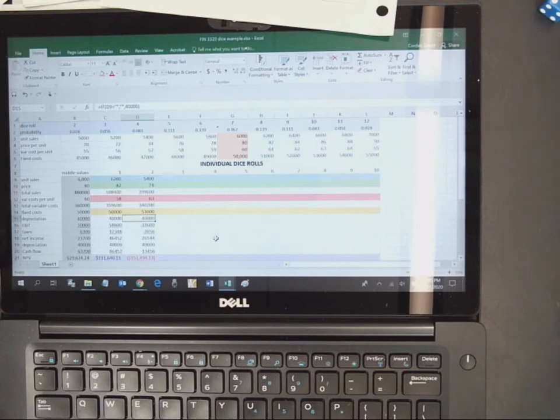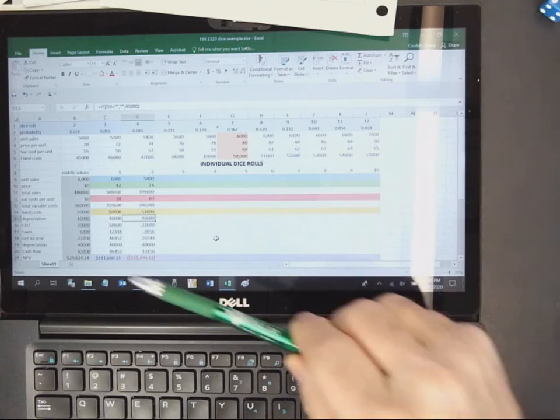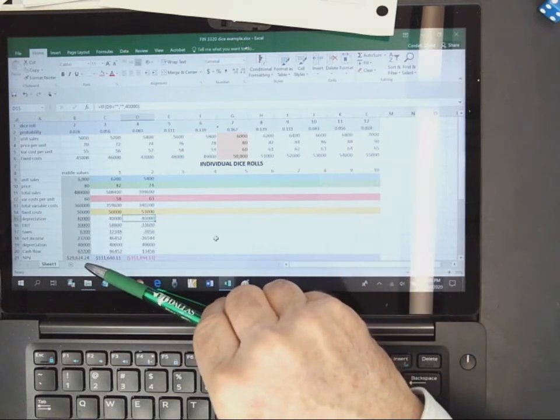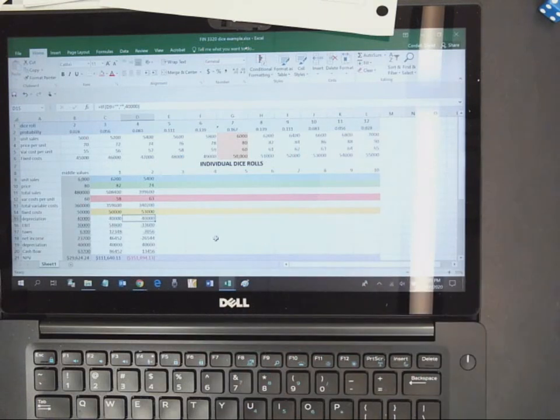We'll probably take a look at what percentage of our cases have a positive NPV, and what the average NPV is. The average NPV is going to come out very close to the NPV for the base case. But we'll see a distribution, and we wouldn't just use this sort of peaked distribution for dice. We would use whatever probability distribution we thought would be most appropriate.